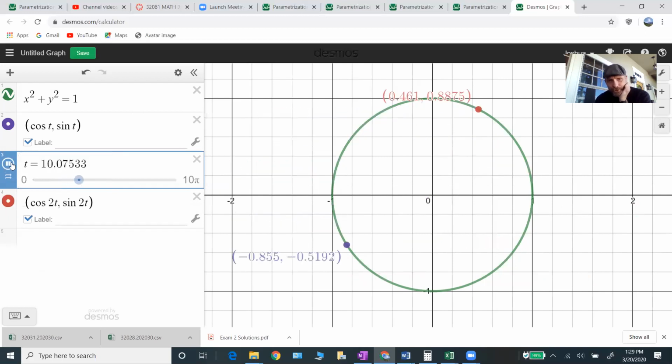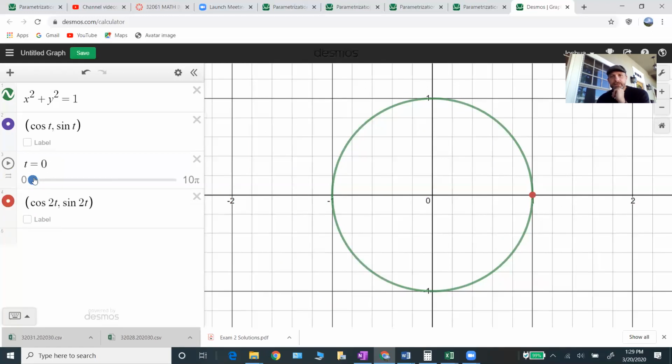So again, my purple dot is the cosine t, sine t parametrization, and the red dot is the cosine 2t, sine 2t. So what you can see is that the red dot is moving faster. In fact, how much faster? Let's go to pi, about 3.14.